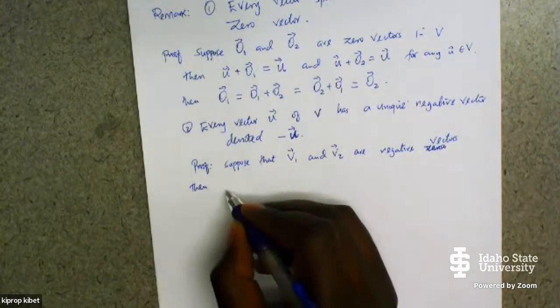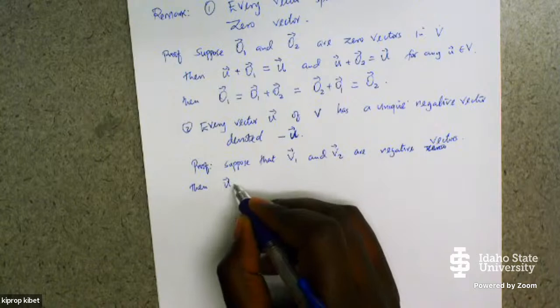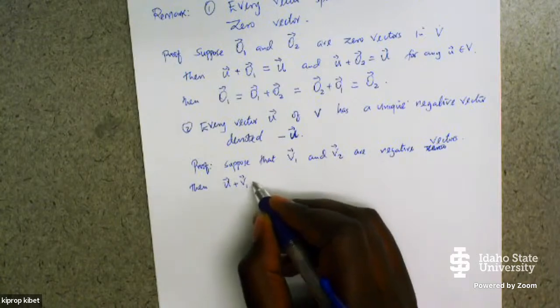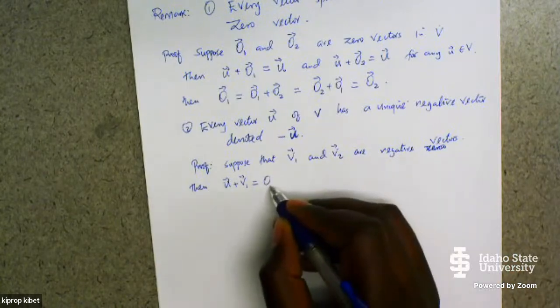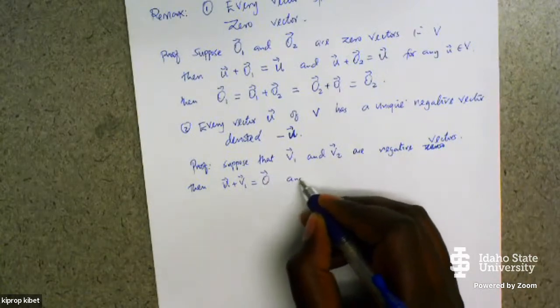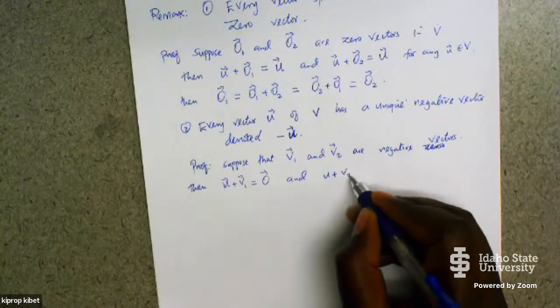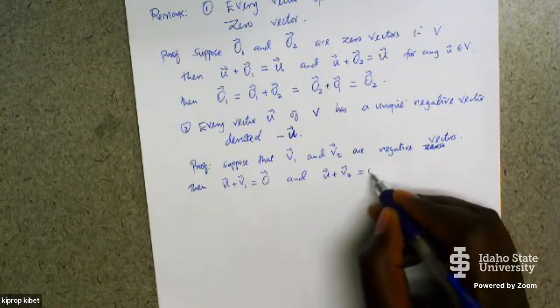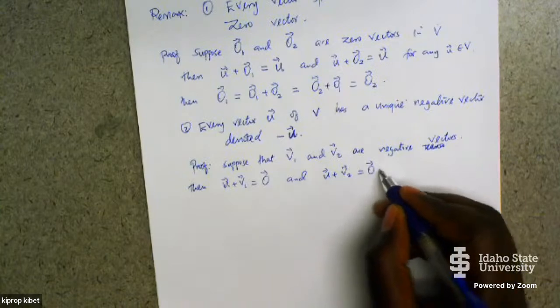Then u plus v1 equals the 0 vector, and u plus v2 also equals the 0 vector.